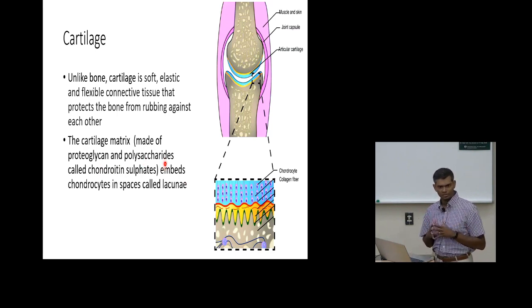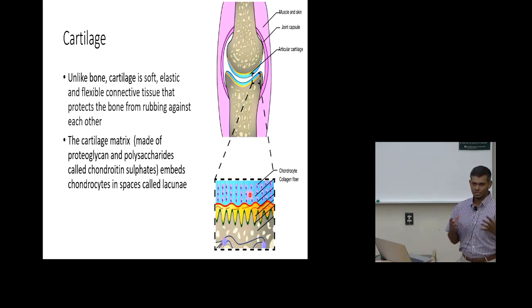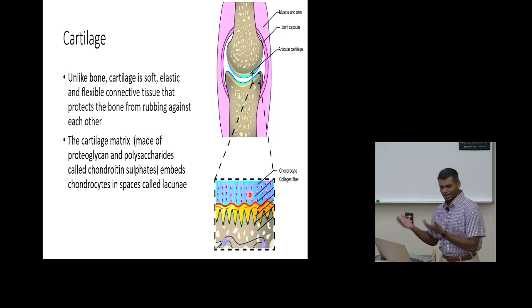But in this matrix, you have chondrocytes. Those are the cells which are specific to cartilages. We saw that in areolar connective tissue and dense connective tissue it was fibroblasts, in adipose tissue there were adipocytes, and then you have chondrocytes in cartilage.